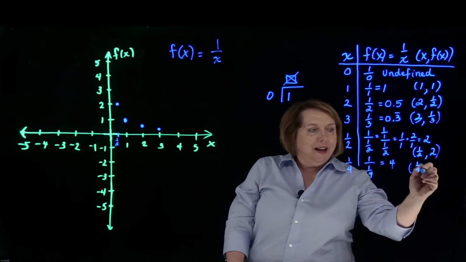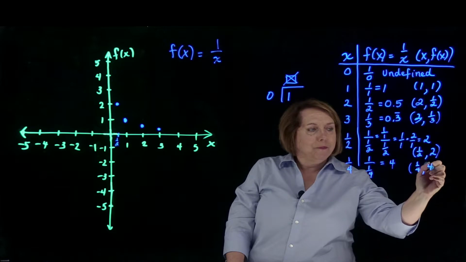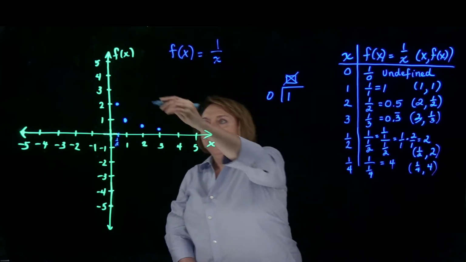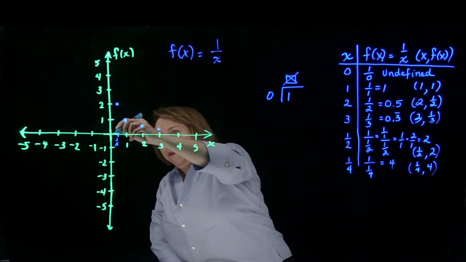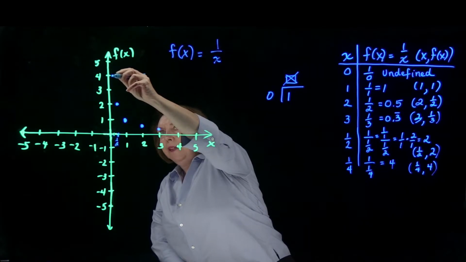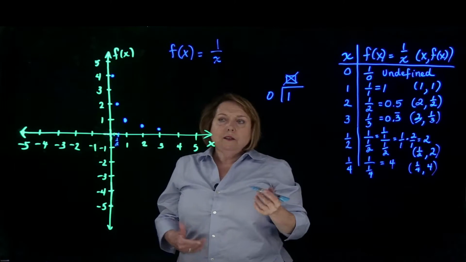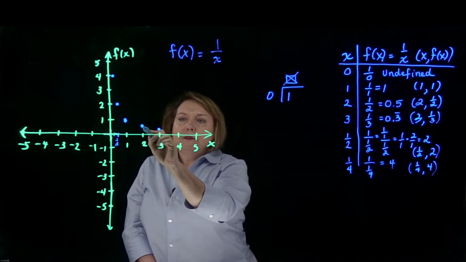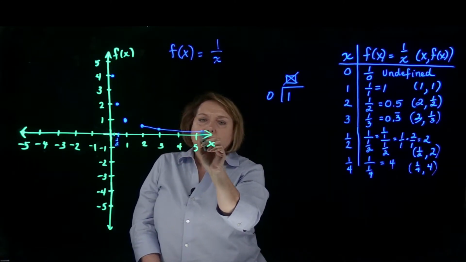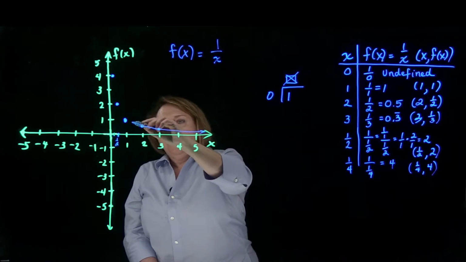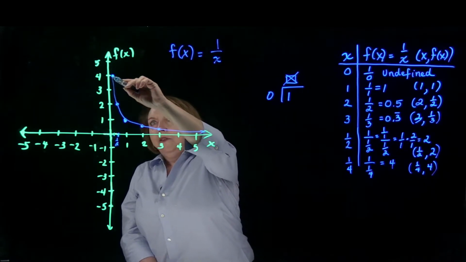So as x is getting smaller, our f of x is growing. 1/4 would be about right there, and that would be the height of that point. So we can graph this part of the graph. We can connect the dots now in the nice curve that we have.